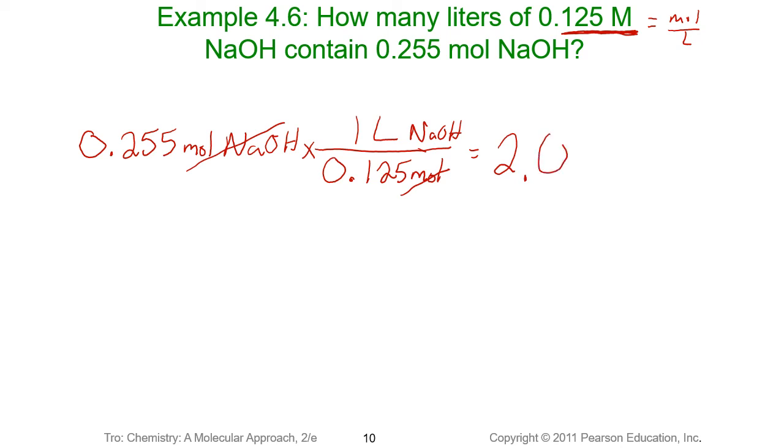So it would take us 2.04 liters of sodium hydroxide solution to deliver 0.255 moles. Now sometimes you'll see solution abbreviated SOLN, just so that you're aware that that is equivalent to solution.